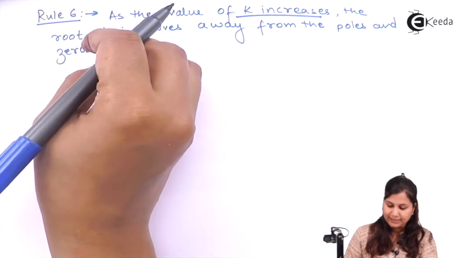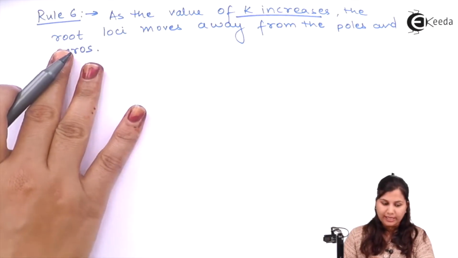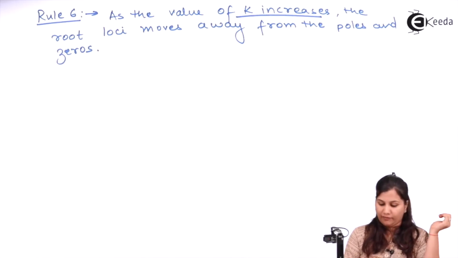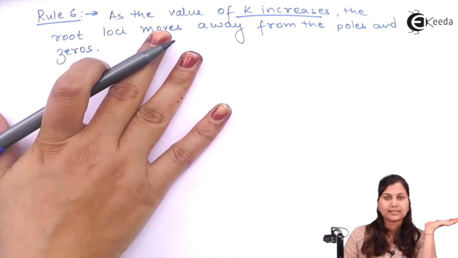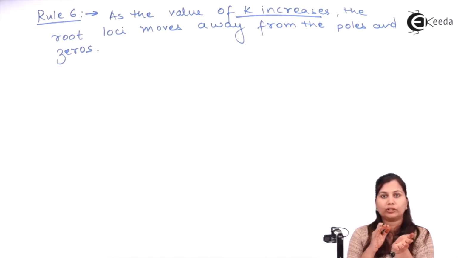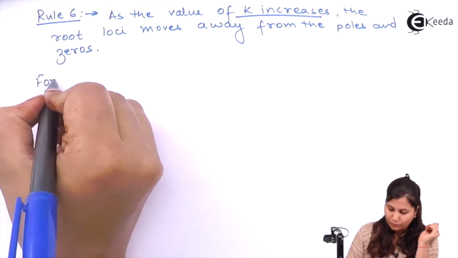So for higher values of k, the root locus is approximated by the asymptotes. In those cases where the value of k is high, we will use asymptotes for the plotting of the root locus.